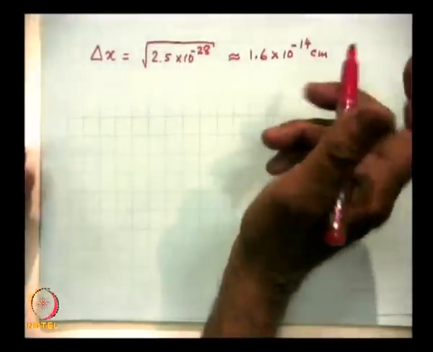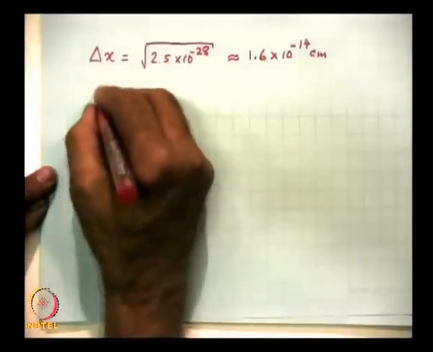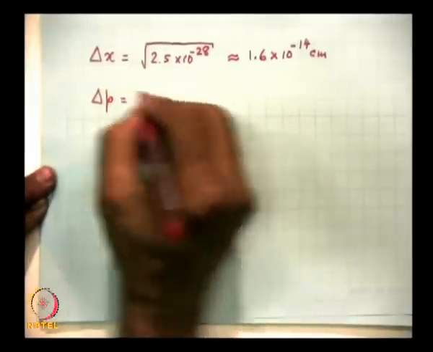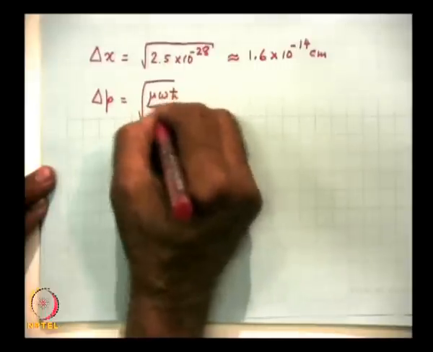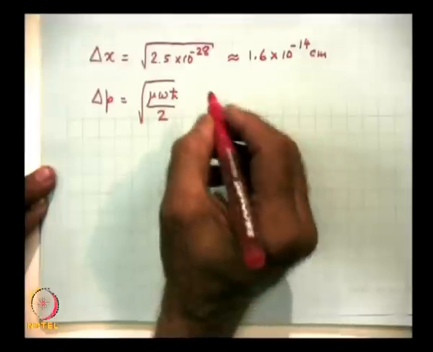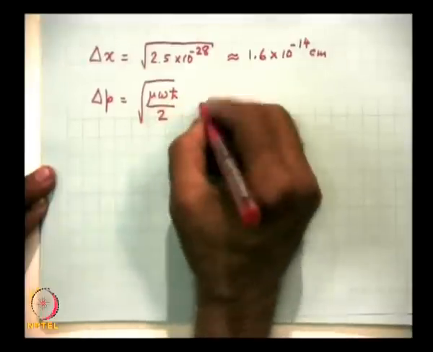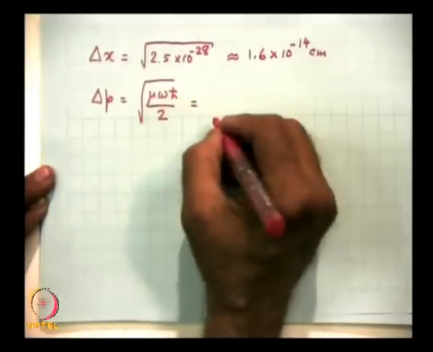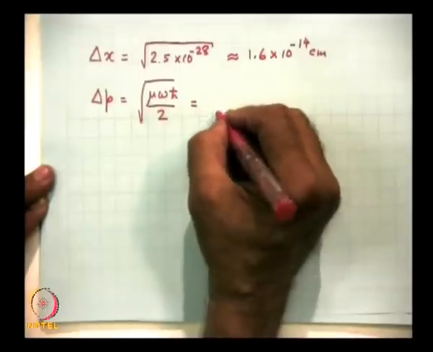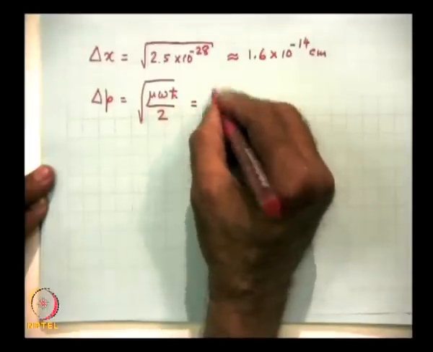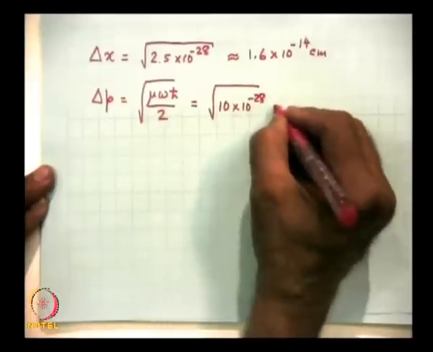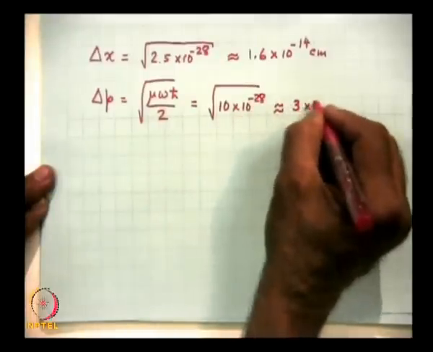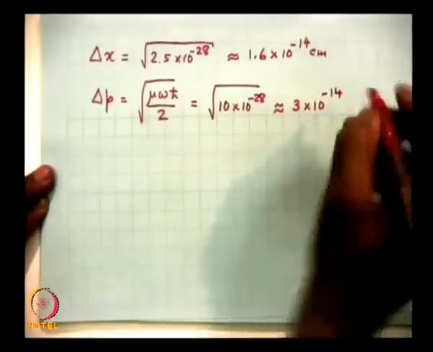Similarly, one can calculate the uncertainty in p. That comes out to be the square root of mu omega h cross by 2. Mu is 2 grams, so the 2 cancels out, omega is 1, h cross is 10 to the power of minus 27. So, this is 10 into 10 to the power of minus 28, which is about 3 into 10 to the power of minus 14.